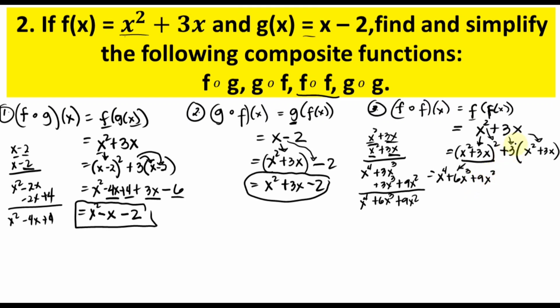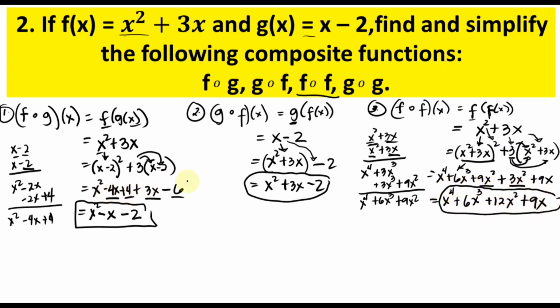Then ito distribute natin ito, so plus 3 times x squared that is 3x squared, then 3 times 3x that is 9x, then simplify or combine like terms, so x raised to 4 plus 6x cubed then 9x squared and 3x squared that is positive 12x squared plus 9x. Ito na yung final answer natin.